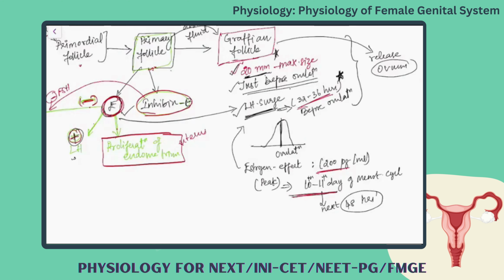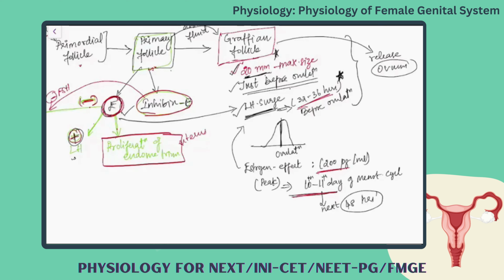From the 10th to 11th day, how long is it maintaining the peak value? For 48 hours. And what is the main function of estrogen in the uterus? Proliferation of the endometrium.